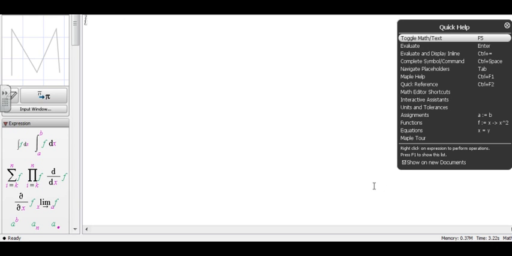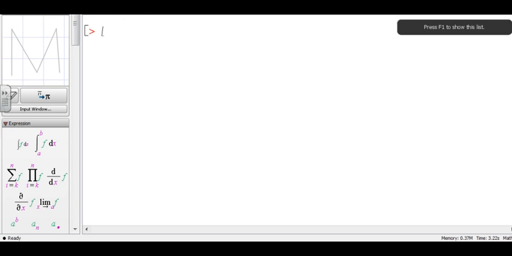Okay, so we're going to go and simplify. And how many parentheses should we have? 1, 2, maybe 3. Yeah, maybe 3.